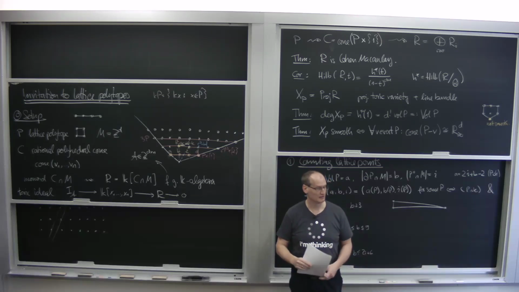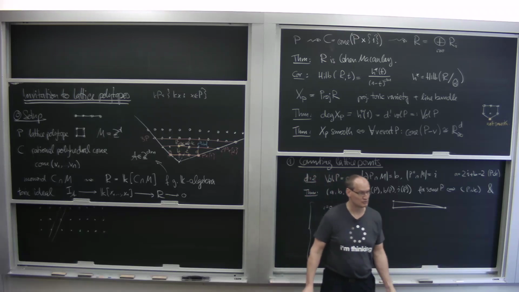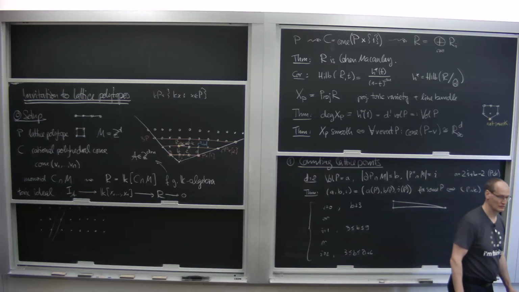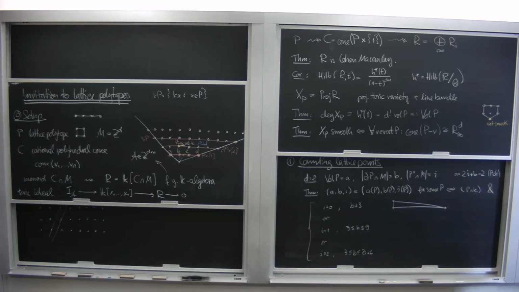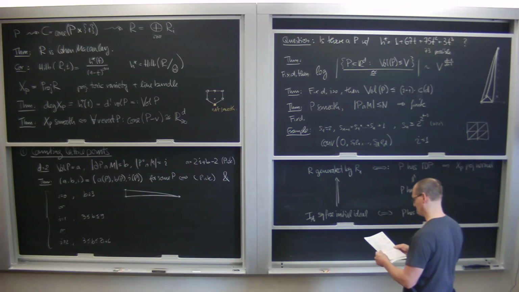But the ideal is generated in degree 3, not degree 2. I suppose you don't even need it to be a decomposition, as long as you're just covered by polytopes that are IDP. We have IDP. But for quadratic generation, you need the whole ideal. You need this plus the quadratic.